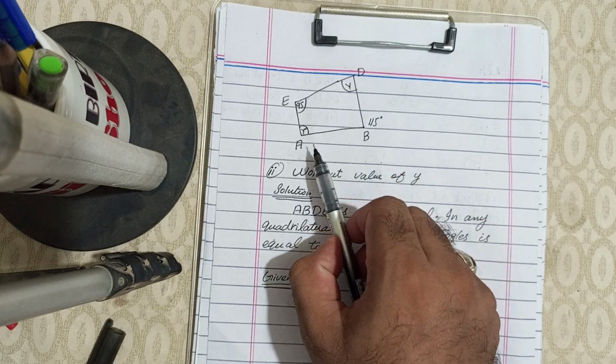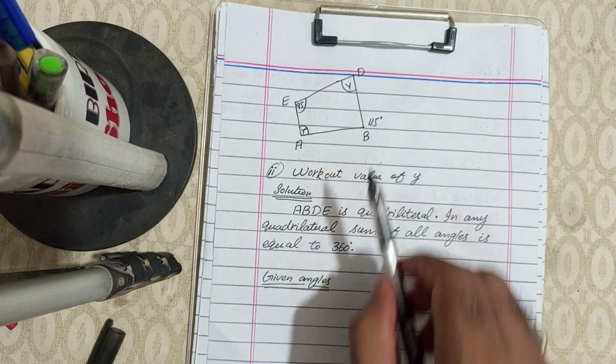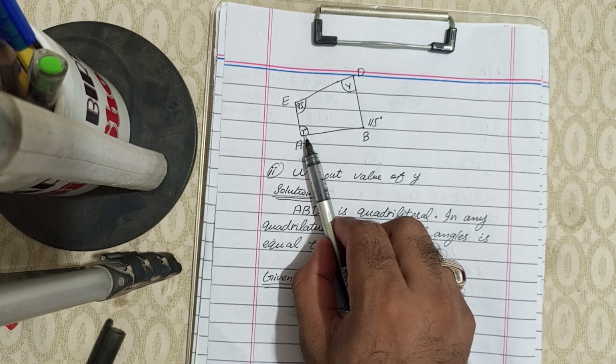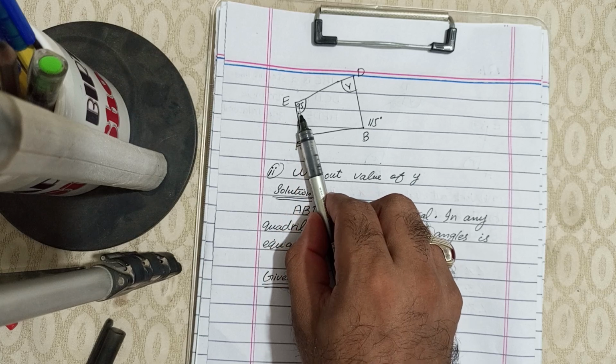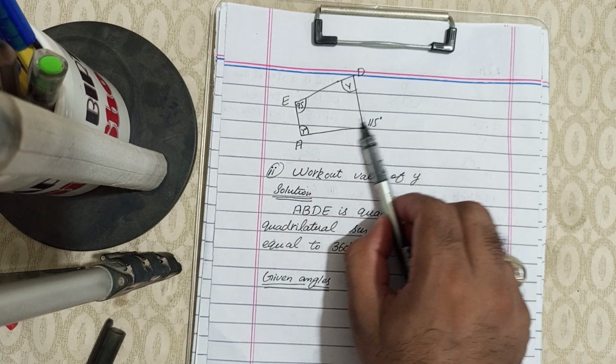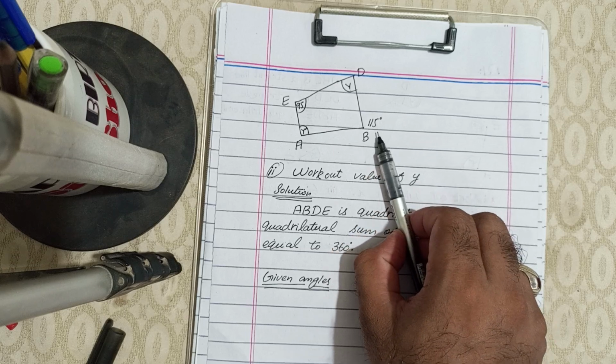In this diagram, the given angles are: y at A, 95 degrees at E, y at D, and at B equal to 115.